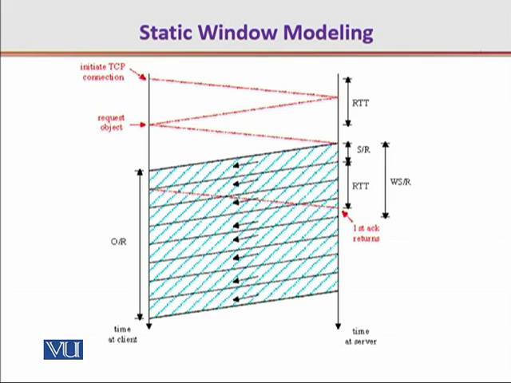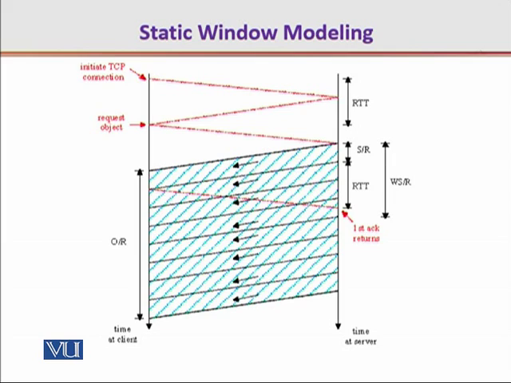So the RTT is shown in here for the two red lines above. When the request is made, it is one side trip time. So the round trip time is completed when the object starts to get downloaded in the form of multiple segments.